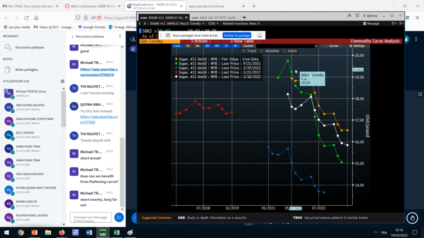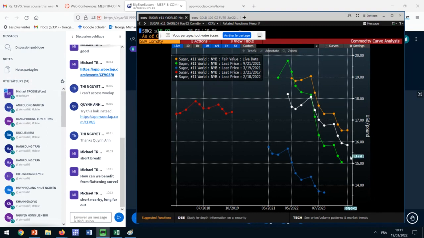But 80% of the time markets are in contango. So here we have a situation where the market is in backwardation, and I think there's a high likelihood that the market is going to go back into contango. So I think there's a high likelihood that we can place a winning bet on simply the curve flattening.